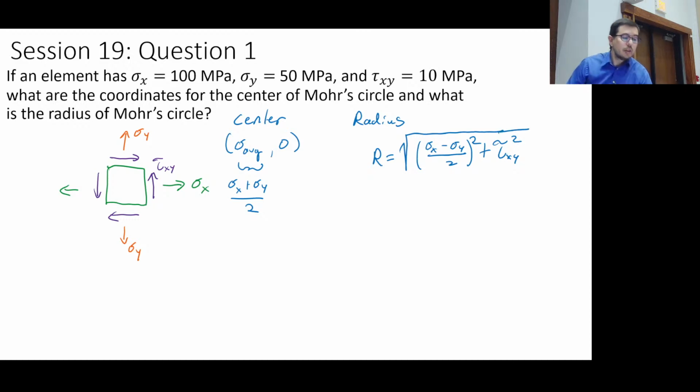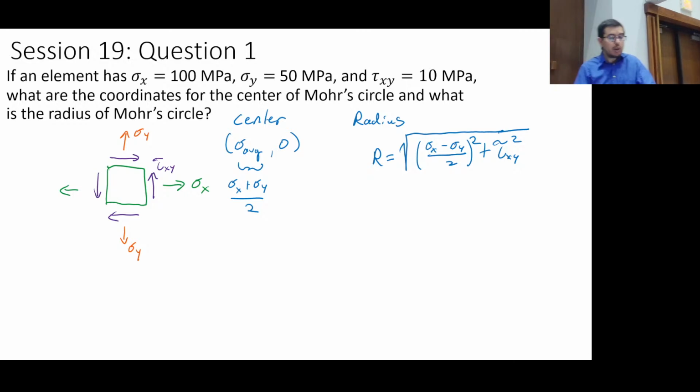I better be careful writing that. So it's just to get us cooking here. They give us a sigma x, a sigma y, and tau xy. We can calculate the radius and the location of Mohr's circle. So let's do it.